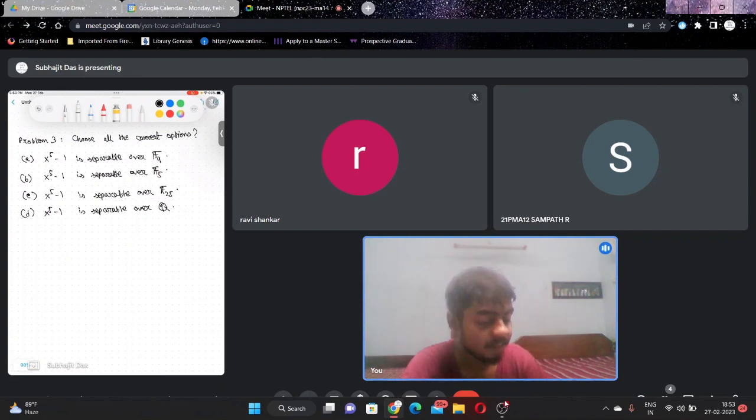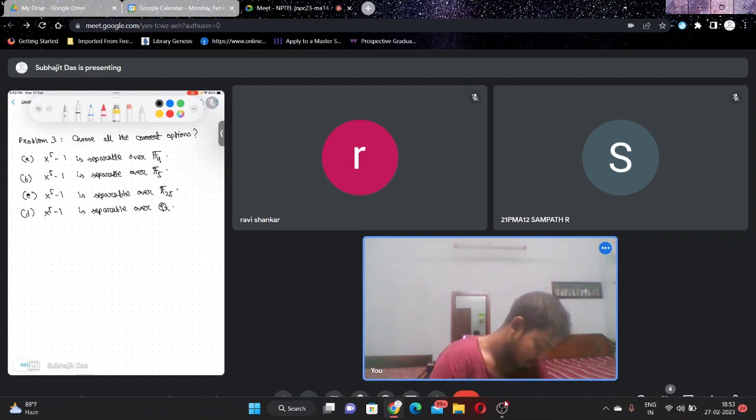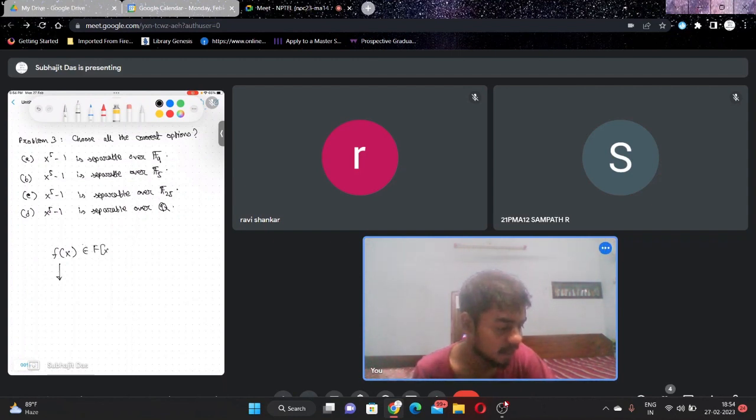So as I was saying, there is a further way of checking whether a polynomial is separable or not. You can also define something called the discriminant of a polynomial. If you take a polynomial f(x) in F[x], assume that this polynomial has a splitting field E over F, then you will define the discriminant of this polynomial, which is the following.